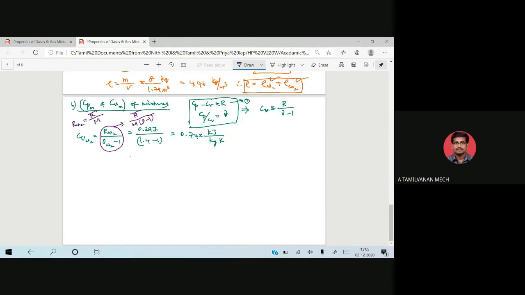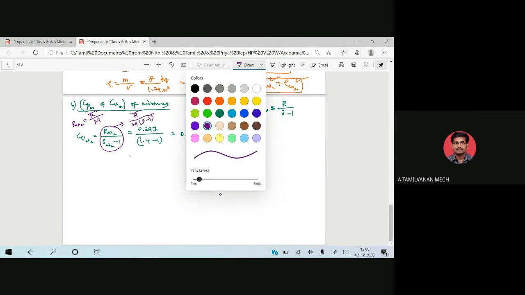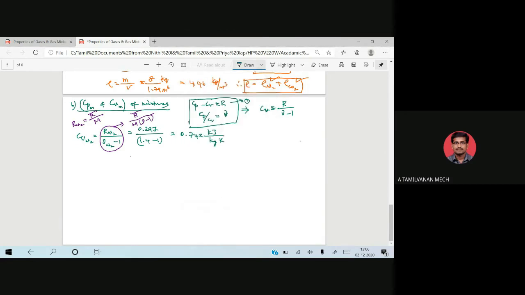In some books it is written in terms of R bar divided by molecular weight into gamma minus 1. Next, from that Cv of N2 you can find the gamma, which was already given.